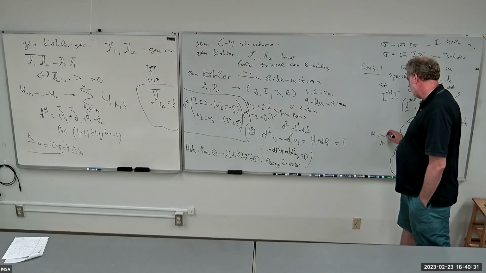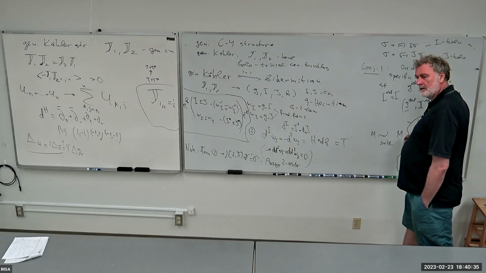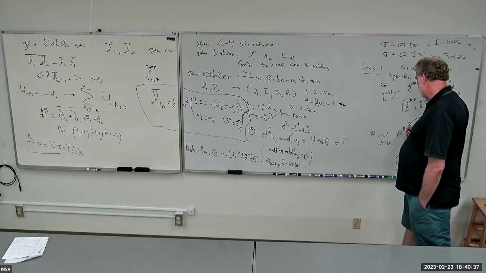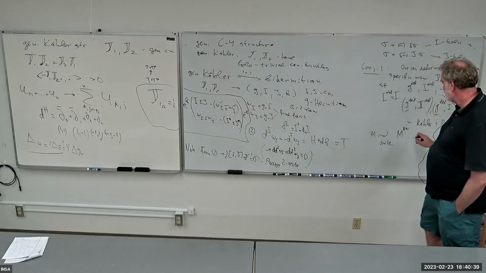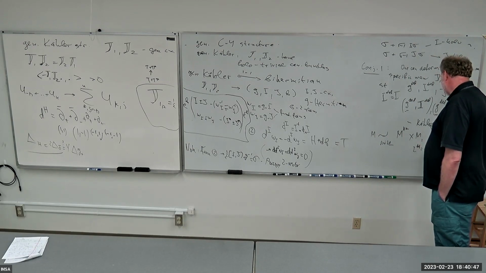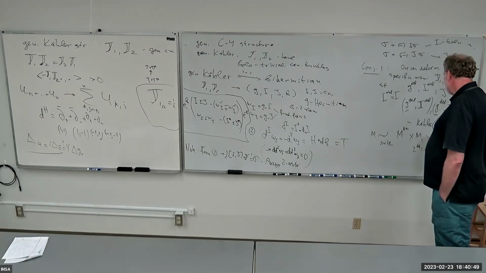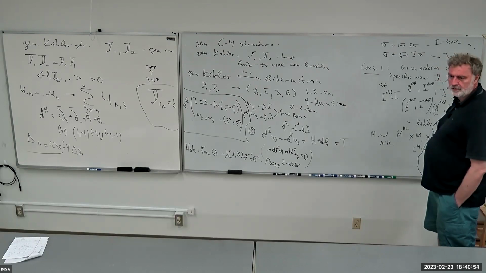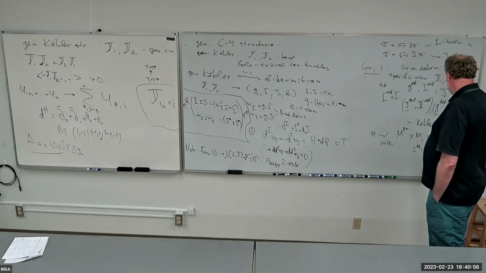Maybe I should write down here. So M, which is actually hyperkähler, times M1, for which I deformed is minus J deformed, times M2, which is a plus, times a toroid.